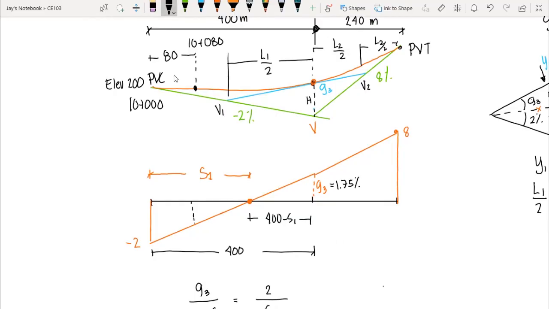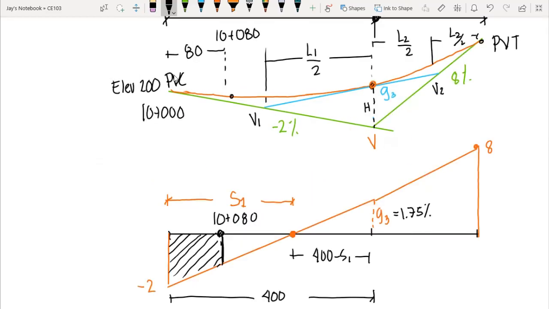Okay, so as you remember, to compute for the vertical distance between 2 points, you just compute the area of the grade diagram between the 2 points. So therefore, we will be computing this area here, in which that is the location of 10 plus 080.